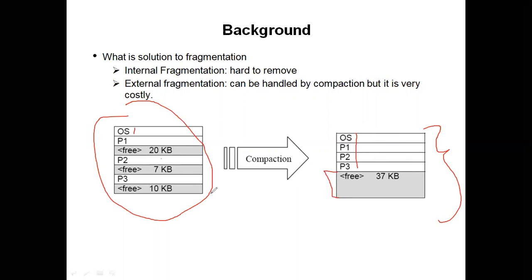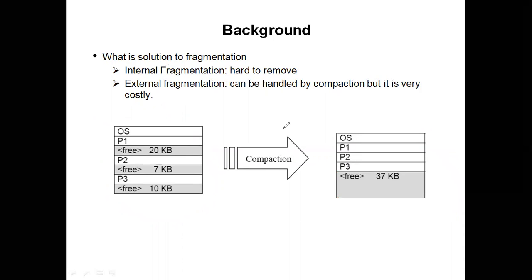But this is not a very easy task, because we'll be required to stop the processes, we'll be required to check whether these processes can be moved from their locations or not, and then only we can move. So it is a costly process. So that was the problem with contiguous memory allocation.